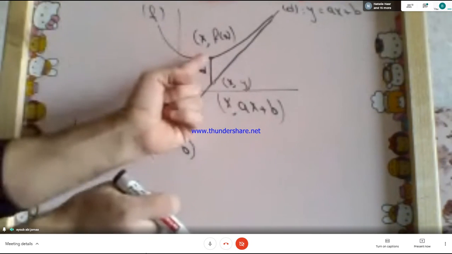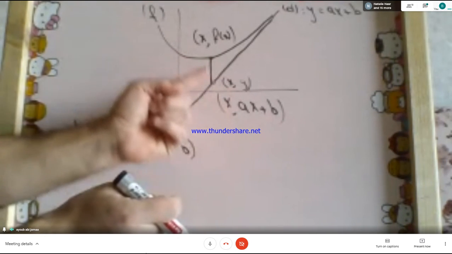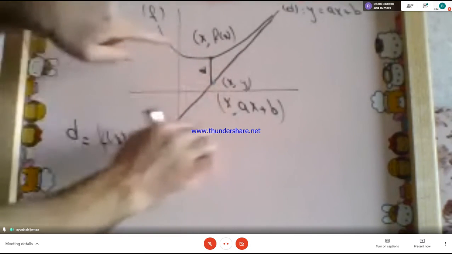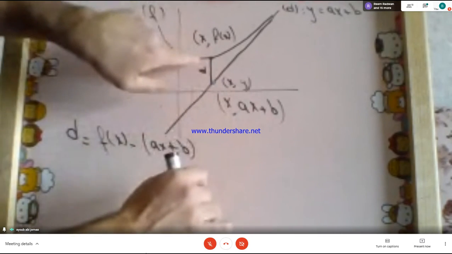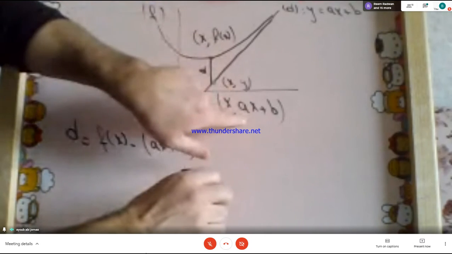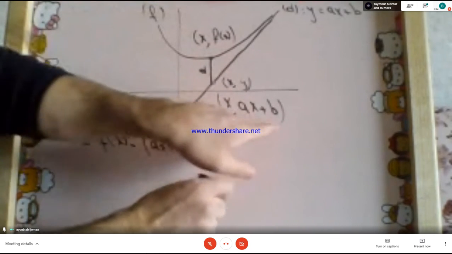Since these 2 points have the same abscissa x, the distance between them is y minus y. So f of x minus ax plus b.